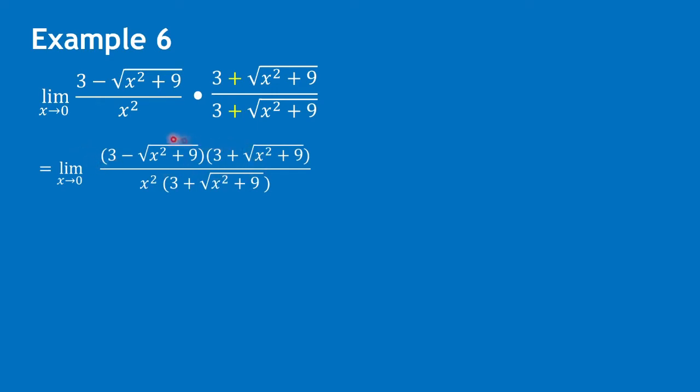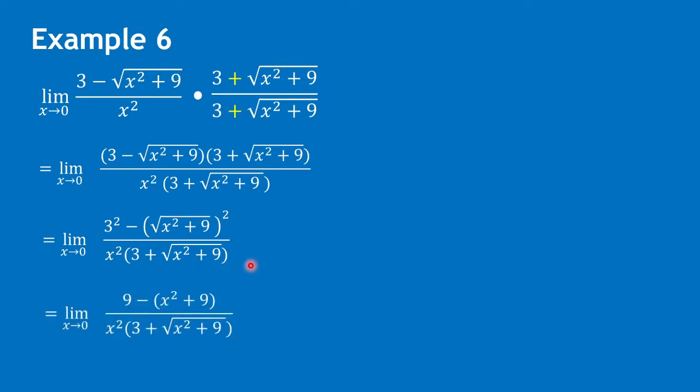Again, the numerator shows sum and difference of two binomials. So we can solve this by doing 3 squared minus the square of the square root of x squared plus 9 over x squared times 3 plus the square root of x squared plus 9. So simplifying the numerator, we can have 9 minus x squared plus 9 because the radical sign would be cancelled because we are squaring this term.